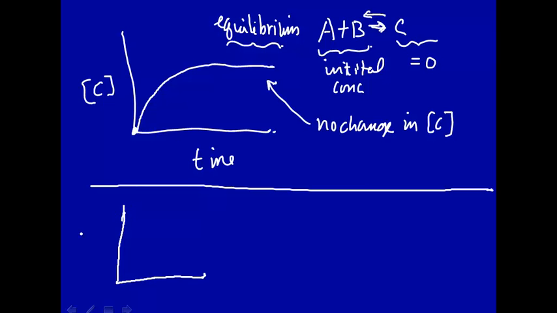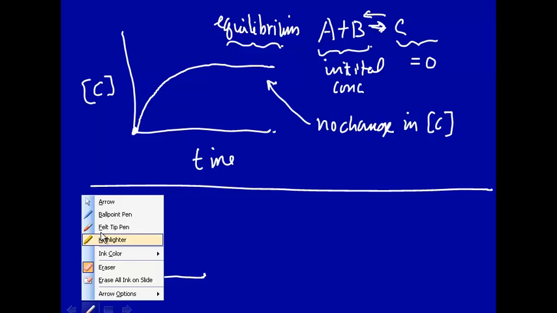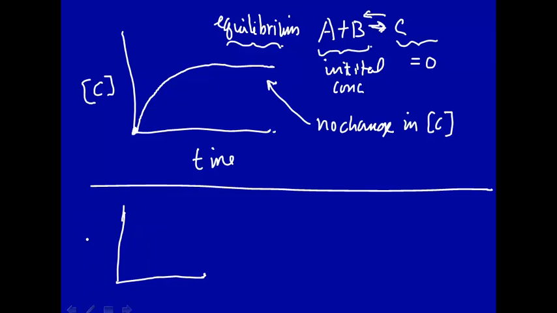Here is free energy, which we'll denote by the symbol G. That's free energy. So this is G, free energy. And this will be, let's do for a chemical reaction, this will be the progress of the reaction.